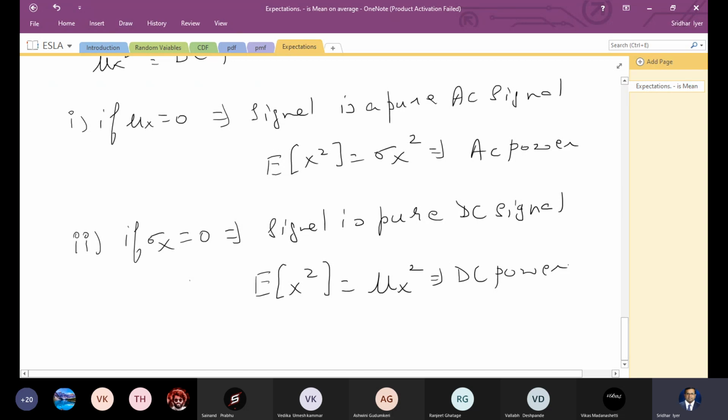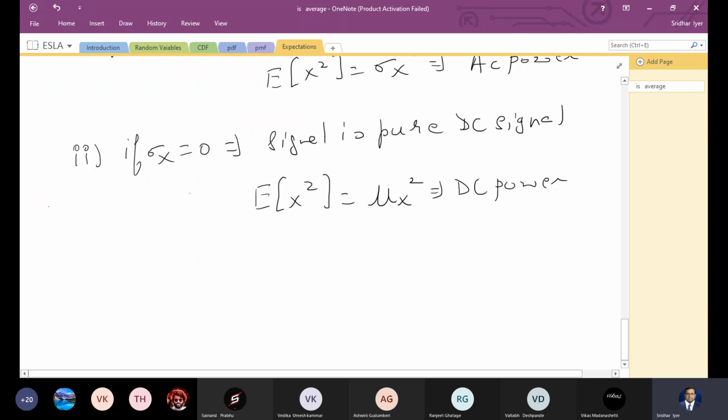So this is a practical application of the mean and variance. But we are more interested in using these values of mean, variance, and various expectations to apply them to communication engineering. That is when the noise comes in, right?